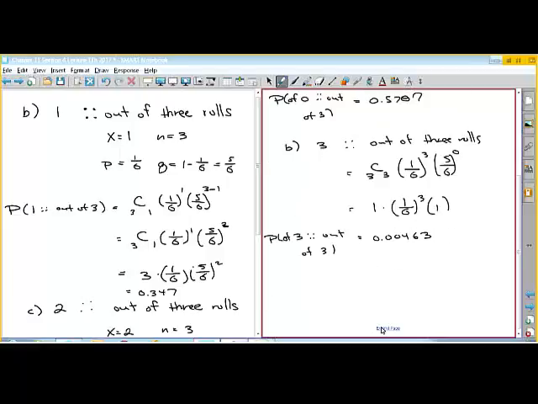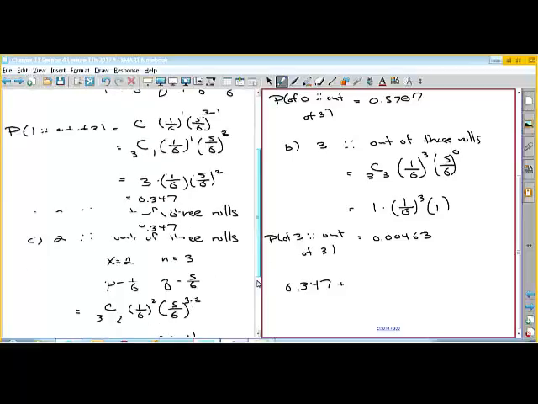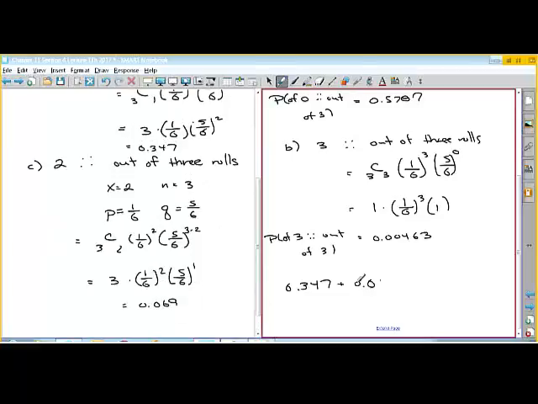So if you take all of these probabilities that we've calculated and you add them together, the first calculation was 0.347. The second case, that was 1 out of 3, 2 out of 3 was 0.069.